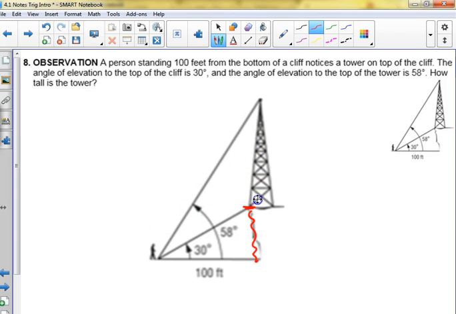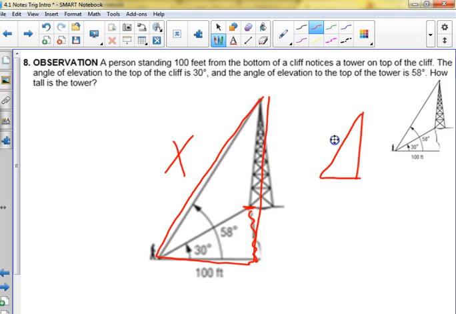Okay, so what we need to do is find something about which triangle? I think we actually need to find this side first. Okay, and you'd go with that. What would you have for that triangle? 100.